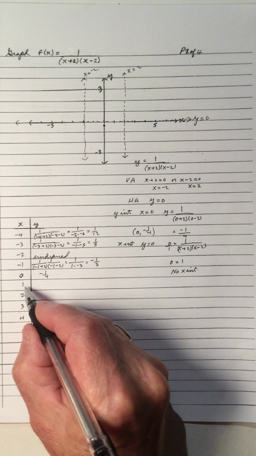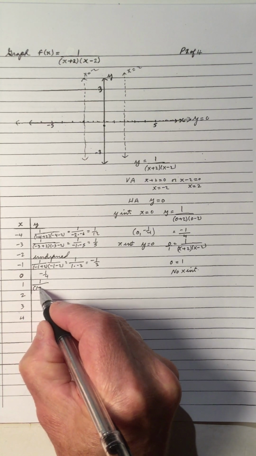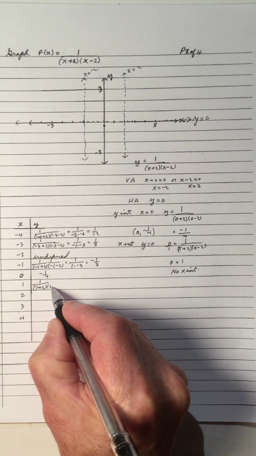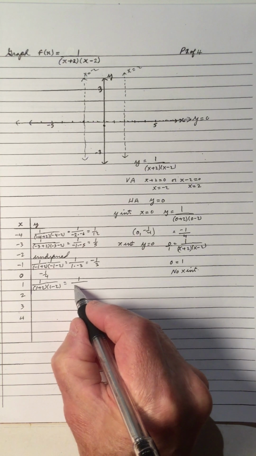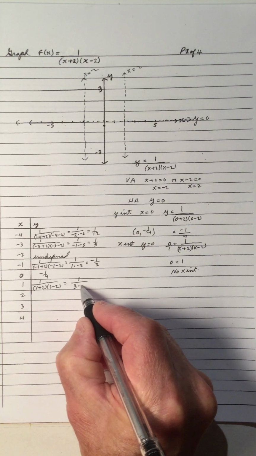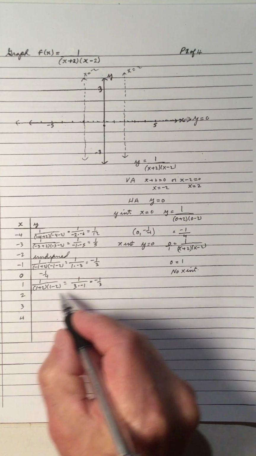Let's put a 1 in: 1 over (1 plus 2)(1 minus 2), so that's 1 over 3 times negative 1, so that's negative 1/3.